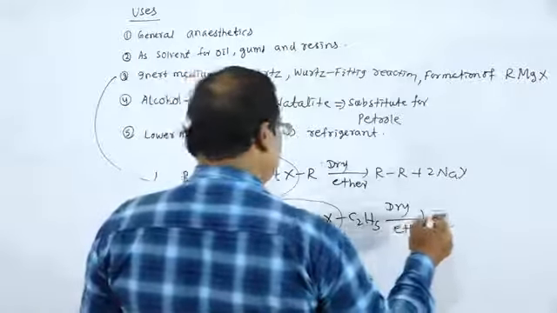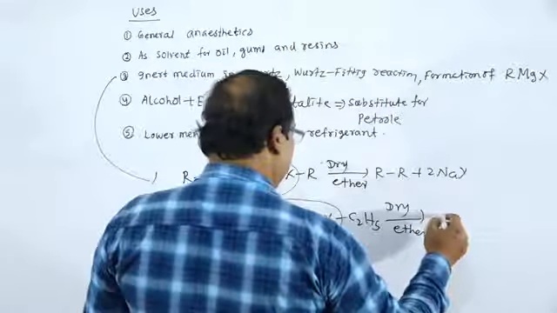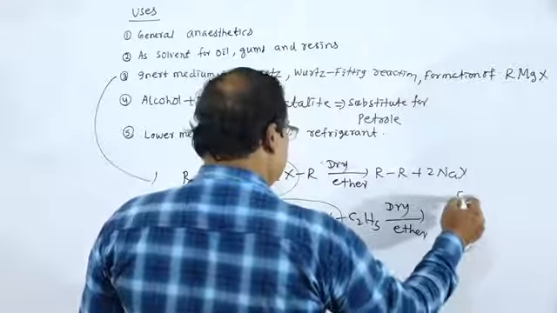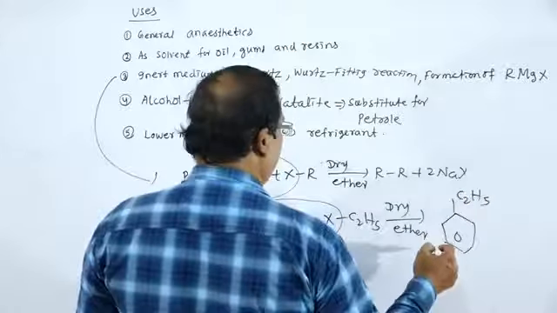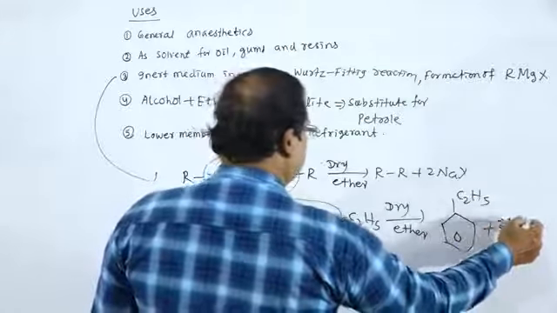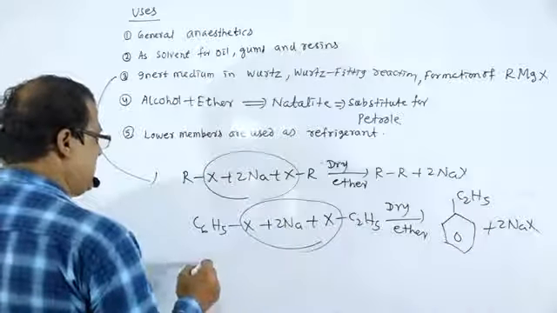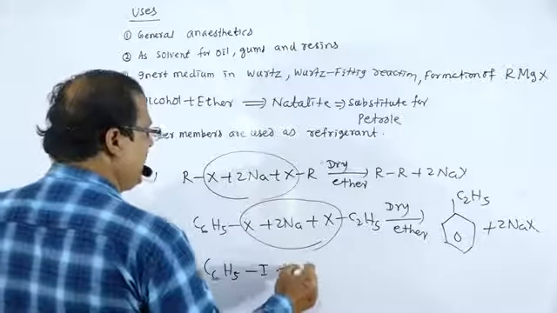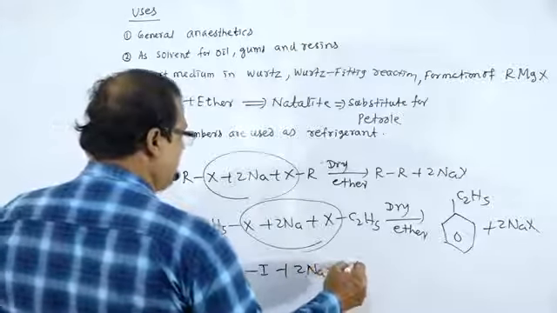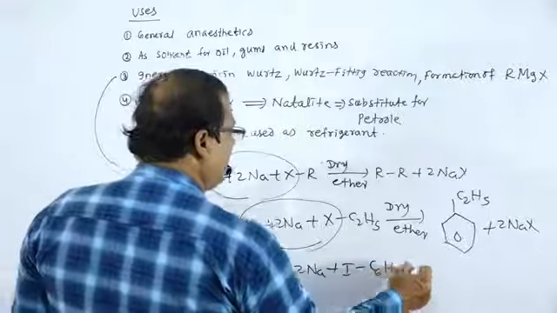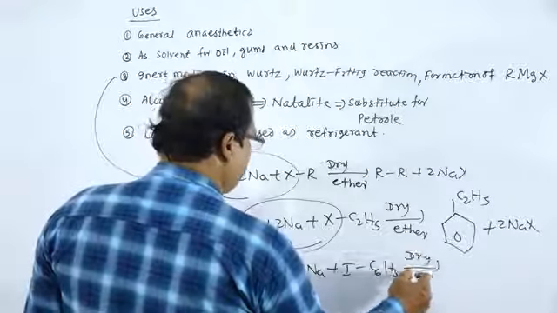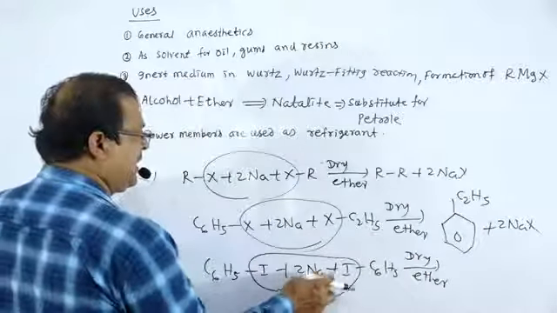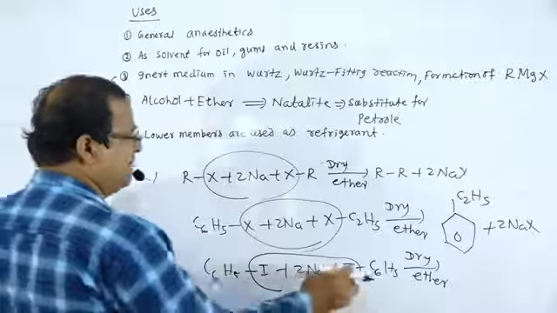So that is the formation of alkyl benzene, ethyl benzene, the benzene ring attached with C2H5, plus 2 NaX. Or you can take C6H5I plus 2 Na plus IC6H5, the same, in dry ether as an inert medium, giving NaI, NaI, and C6H5-C6H5.